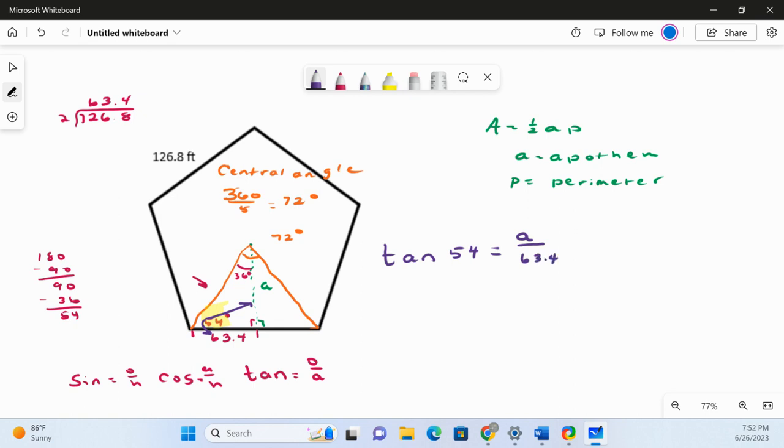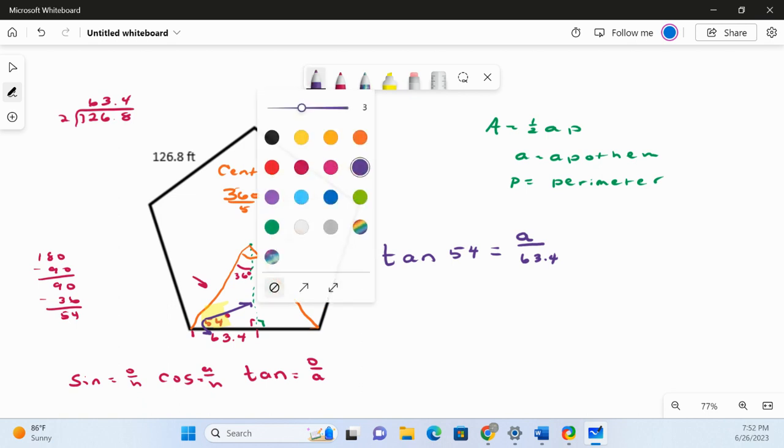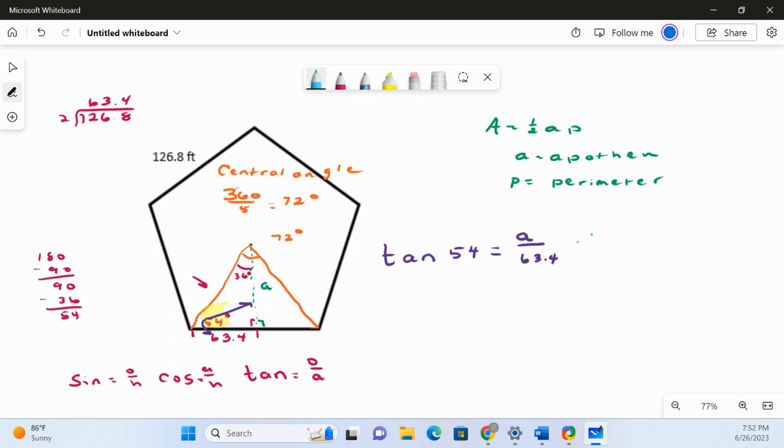This is now a one-step equation. So I'm going to multiply both sides by 63.4. And so 63.4 times the tangent of 54 is going to equal the length of the apothem, because these cancel out.